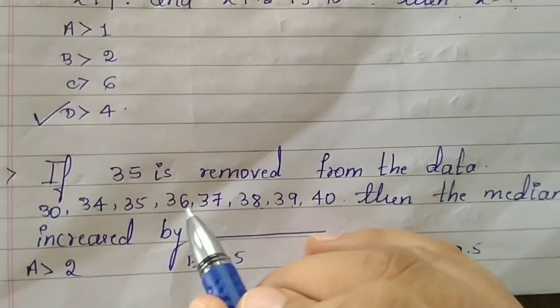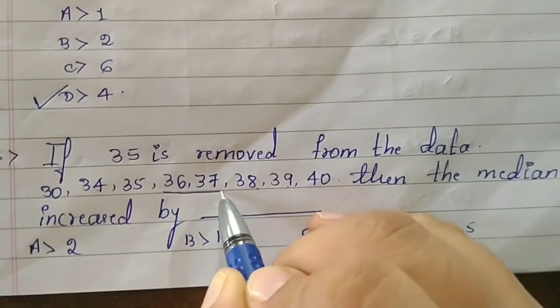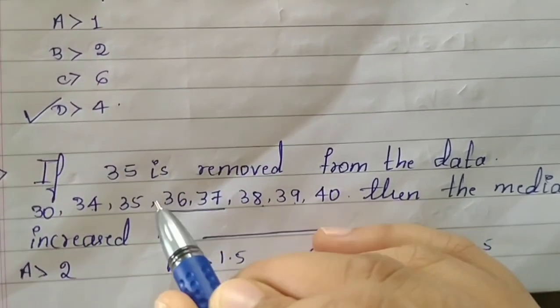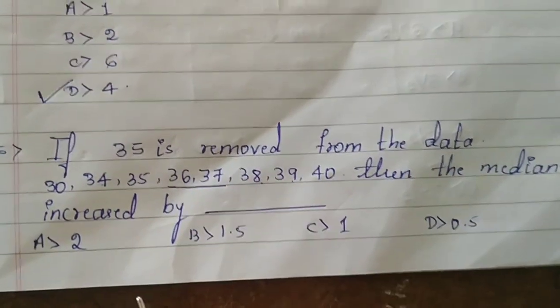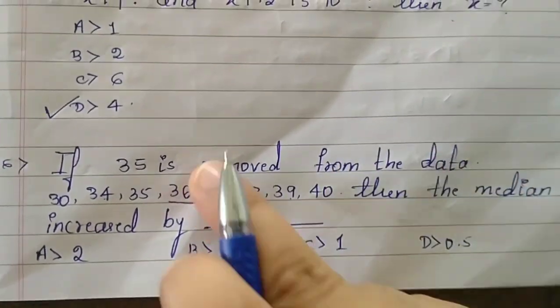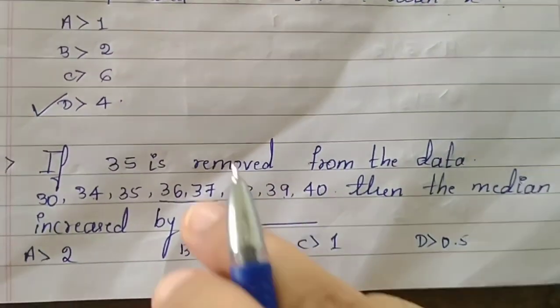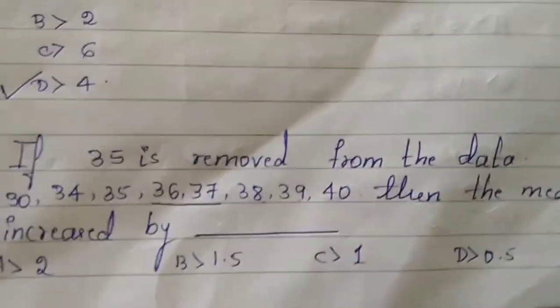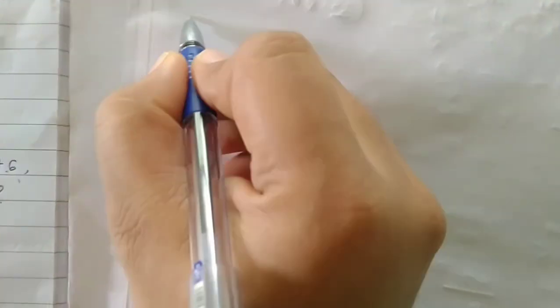When we have 8 observations, we have to calculate the median.